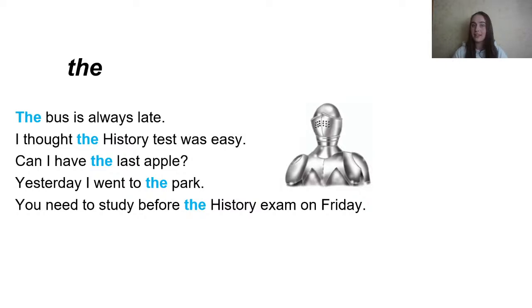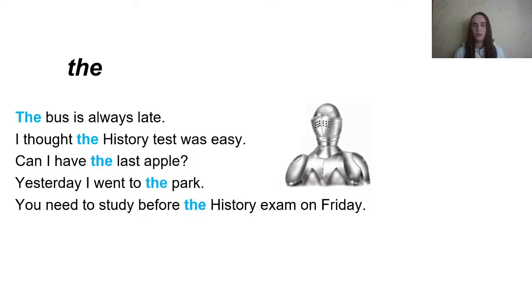The definite article the is used when we talk about something for the second time. For example, I'm waiting for a bus. I'm talking about this bus for the first time, right? I'm waiting for any bus, for one bus. I'm not waiting for a specific one, just for a bus.